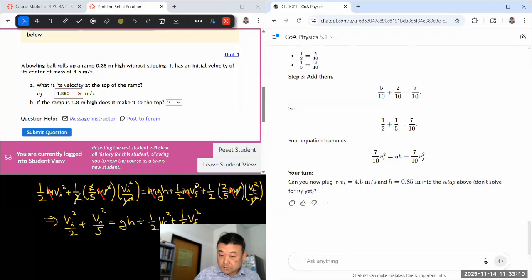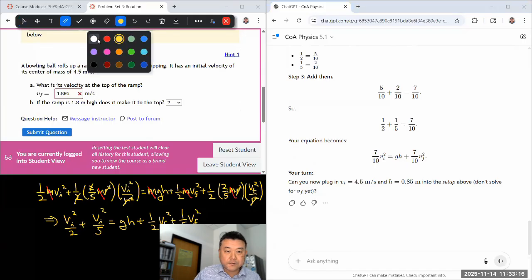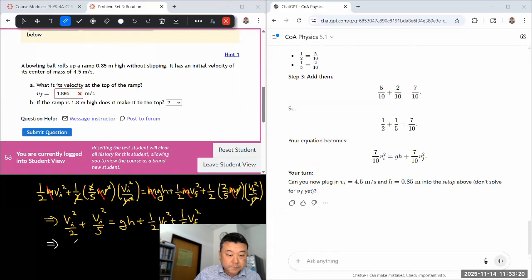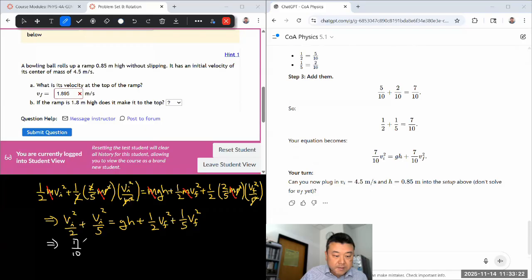Yeah, all right. It's telling me not to solve for v final, but let's say I feel like I know how to do the rest. So I'll do 7/10 v initial squared is equal to gh plus 7/10 v final squared. Hey, I feel like I know how to solve for this.